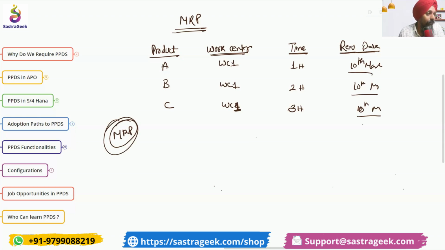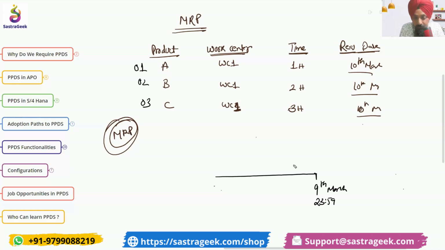MRP results will look something like this. We require them on 10th of March, so it will start from 9th March, 23:59. It will say this is order 1, order 2, order 3.